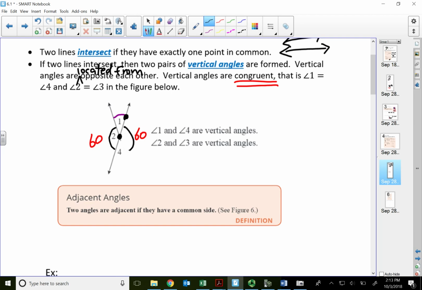Angle 1 and 2 touch the same two lines, basically. When they're touching the same line, I would say angle 1 and 2 are sitting on the same line. So on the same line, it has to be 180 degrees. Since angle 2 is already 60, then angle 1 has to be 120 degrees because the two angles together are 180.